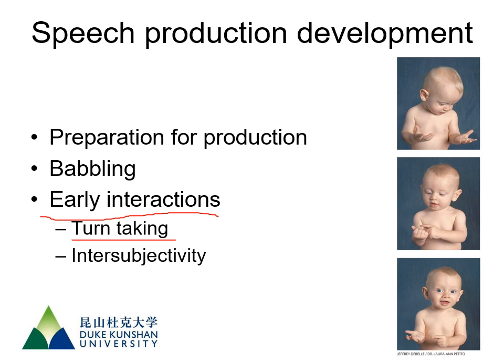The puppet show might have one puppet moving on one end, while another puppet is listening, silent and not moving, and then the left hand and right hand puppets go back and forth, making it look like they're having a conversation, even though all the conversation content is just babbling and doesn't really make any sense. So this is the first sign of early interaction, and that is turn taking.